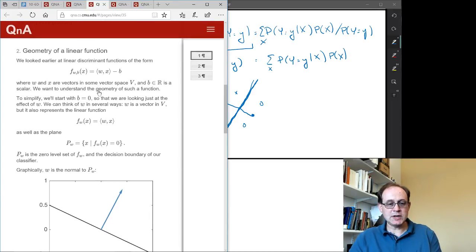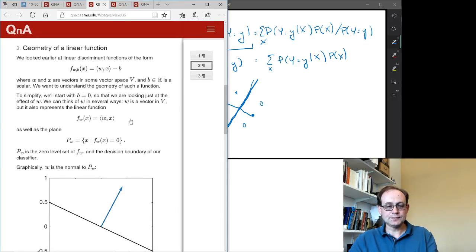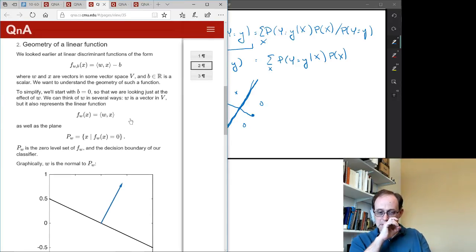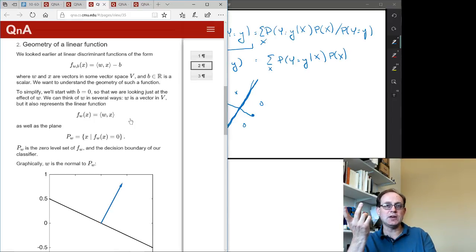Another thing I wanted to mention was the geometry of just a plain linear function, right? So we looked at linear discriminant functions that look like this, w dot x minus b. Let's just start with b equals 0, so f of x is just w dot x. We want to look at the effect of w on this function, and to do that, it helps to think about w at least three different ways.